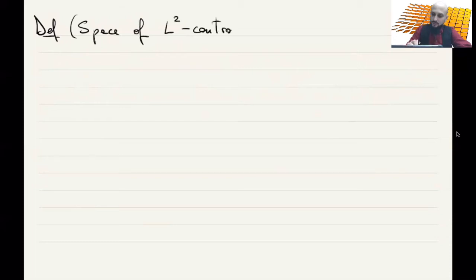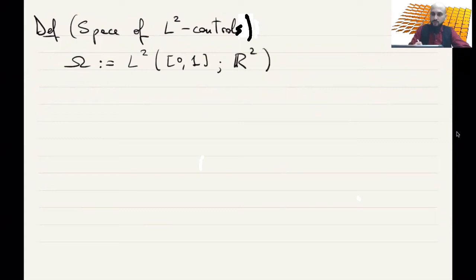All right, so let's consider now the space of controls. This is called the space of, to be precise, one should say L2 controls. The purpose for doing this is to parameterize all possible curves starting from a point. So we consider L2 functions from 0, 1 to Rm, and they are equipped with the L2 norm.